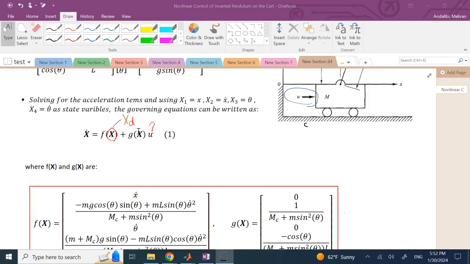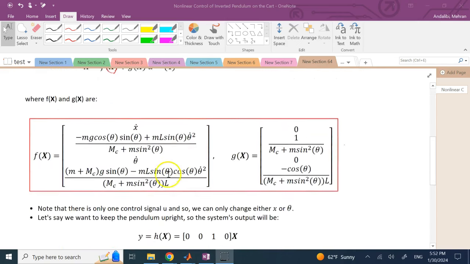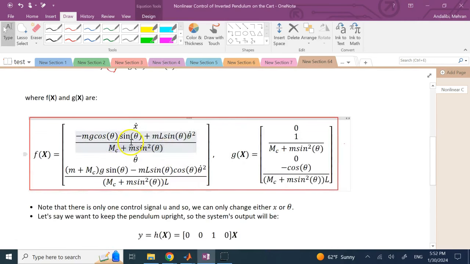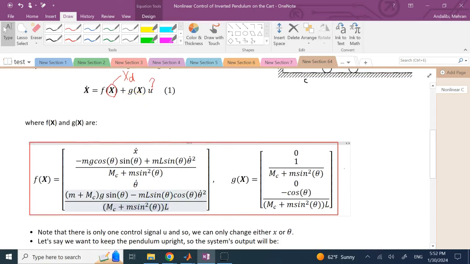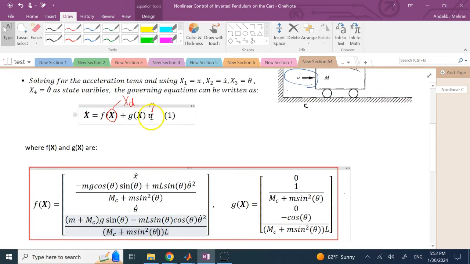Well, here we use the method called feedback linearization, which is basically using nonlinear terms in u, which are the same as the nonlinear terms that I can see here for theta double dot and x double dot, and canceling positive terms with negative and negative terms with positive. So at the end of the day, the governing equation of the system with the u that we applied, instead of this nonlinear equation 1, turns out to be a linear set of equations which we can easily control.